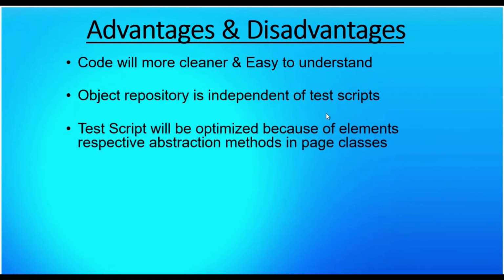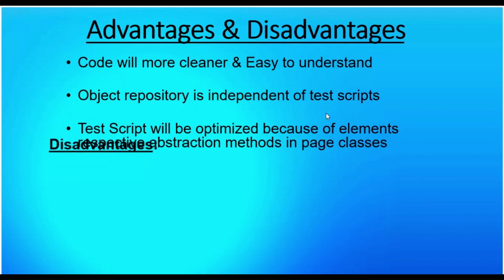Then the third advantage is test scripts will be optimized, because we will be having the page abstraction methods implemented in the page classes, so with fewer keystrokes we can create our test script.